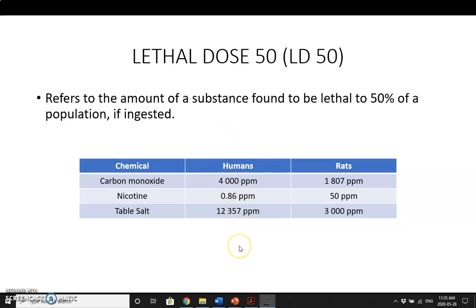But the main idea you need to know is the definition of LD50, and also that depending on what species you're administering that chemical to, it is going to be a different concentration for different species. Shown here in this chart, you can see that humans have a different LD50 for the same chemical compared to rats.